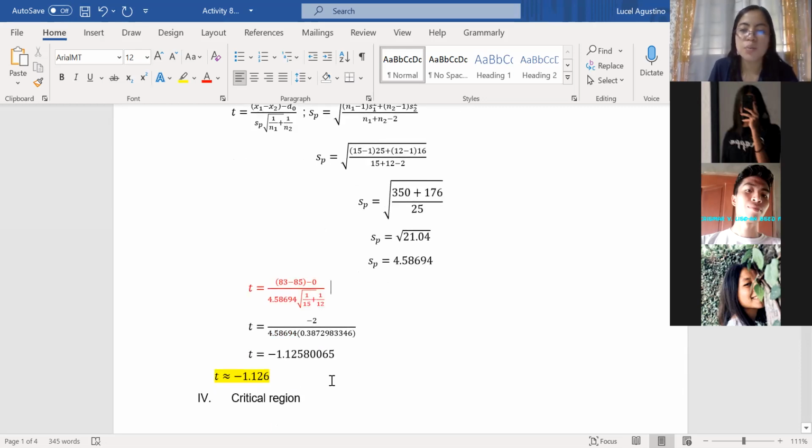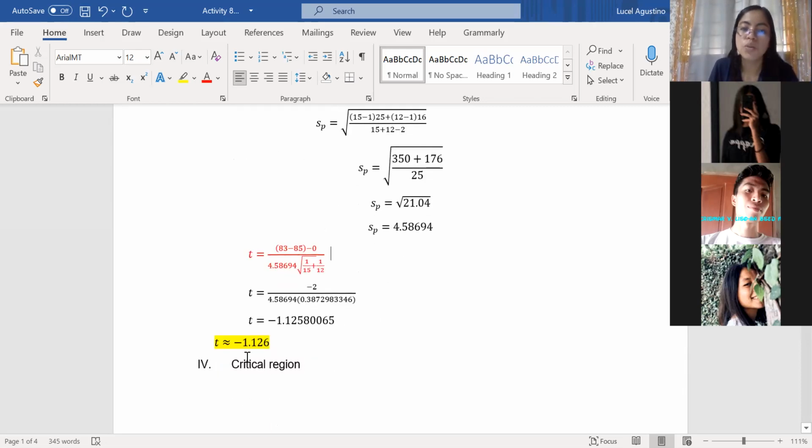So just a little computation, you will arrive to negative 1.26 nga t value. So this t value, they call it as t computed.